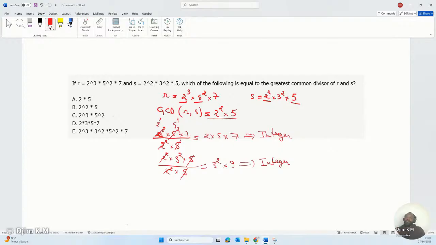But let's say, for example, if we chose the common values here that have the greatest exponent, like 2 to the power 3 and 5 to the power 5, you will see that if we divide it by s, we will not get an integer.